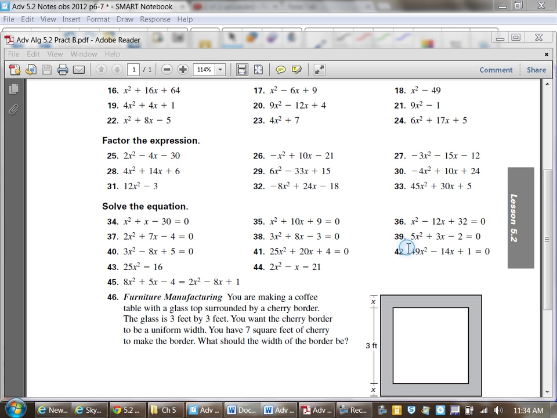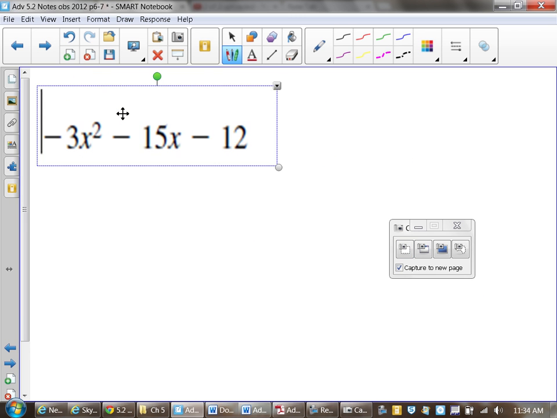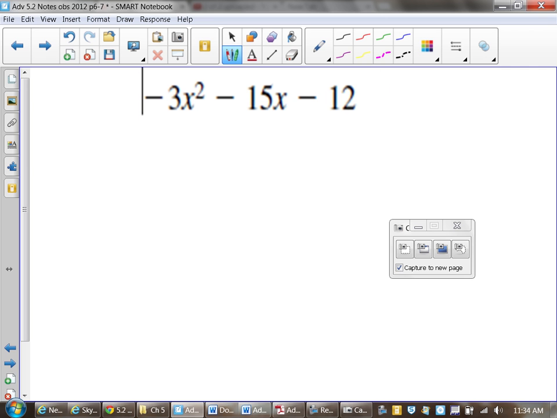Another tricky style, when you have a negative a value. In this case here, I have negative 3x squared minus 15x minus 12.